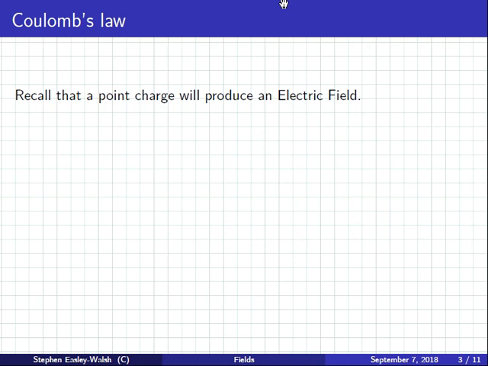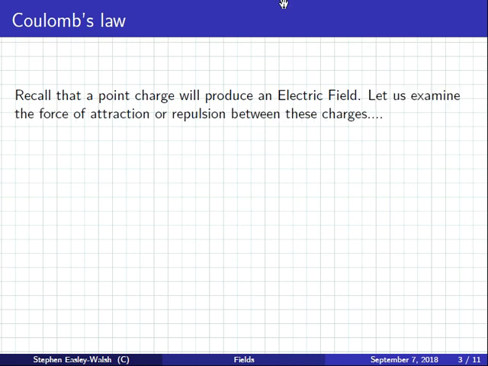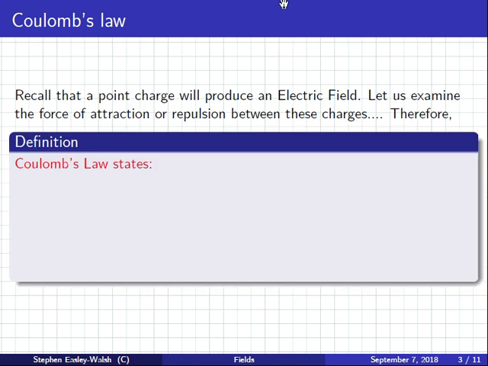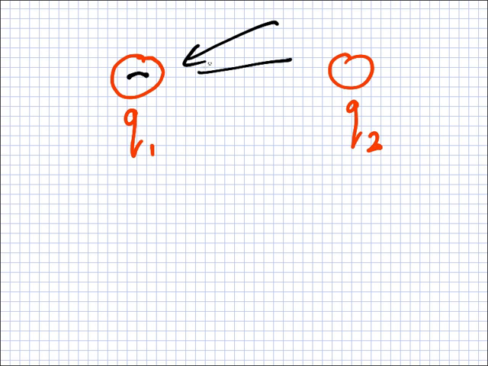Now, remember that a point charge will produce an electric field. Let us examine the force of attraction or repulsion between the charges. So, imagine here you have a charge, and this is Q1, and here you have a charge, and this is Q2, for example. And let's say this is negative. So there's a field around this one.